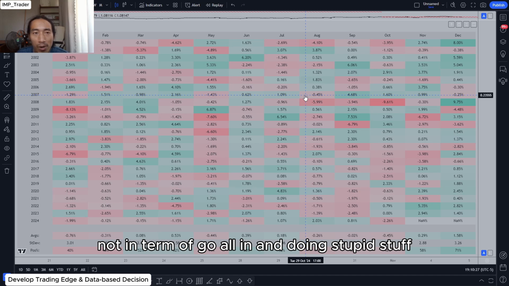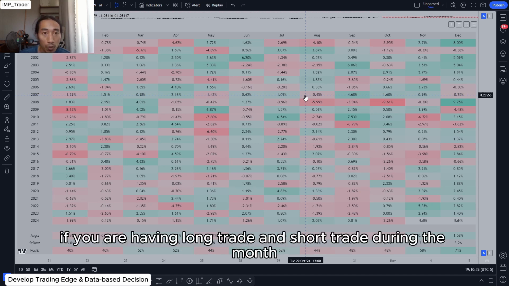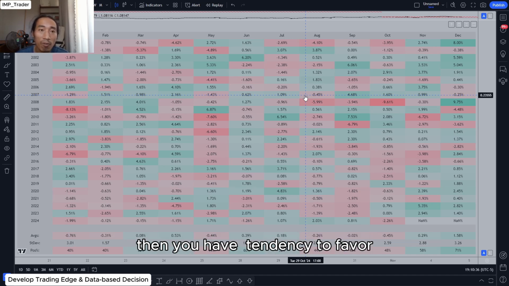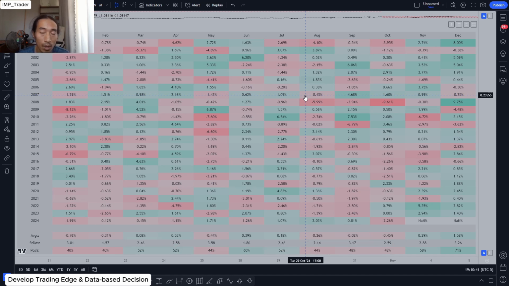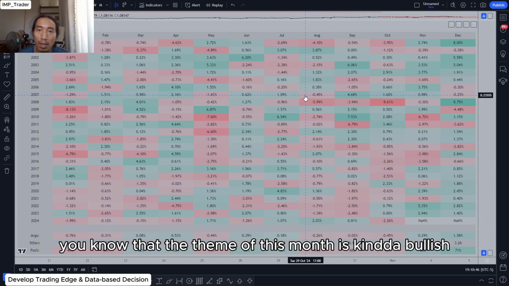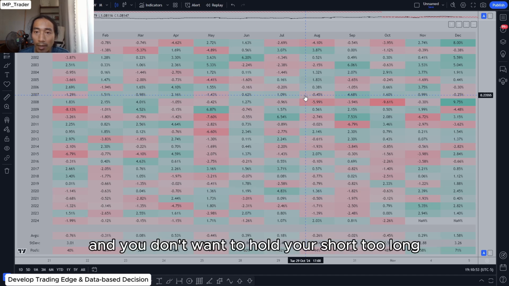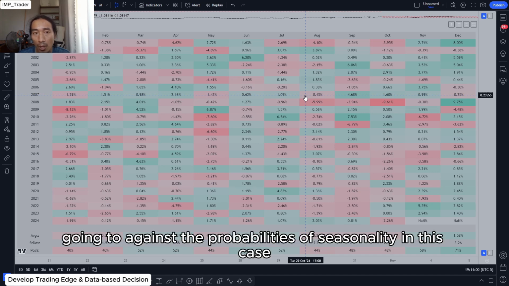Not in terms of going all in and doing stupid stuff, but if you have long trades and short trades during the month, then you have a tendency to favor and hold your long for a bigger reward. And when you have a short trade, you know that the theme of this month has been kind of bullish in the past, and you don't want to hold your short too long, going against the probability of seasonality.